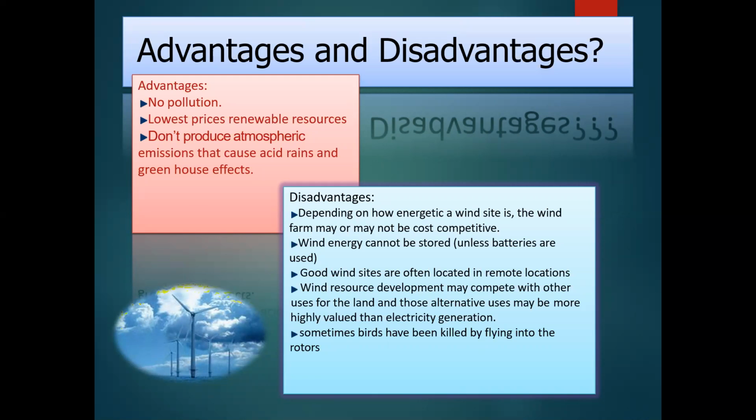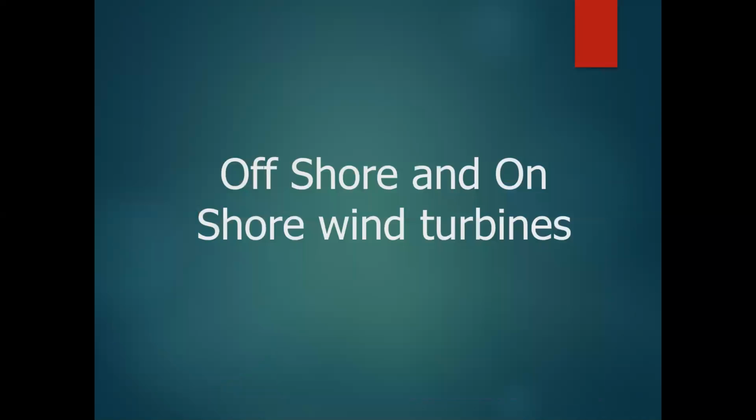Wind resources development may compete with other uses for the land, and those alternative uses may or may not be more highly valued than electricity generation. So sometimes there can be a better benefit of that specific land than building wind turbines on it. Sometimes birds get killed by flying into the rotors.